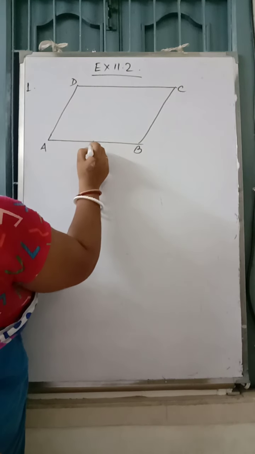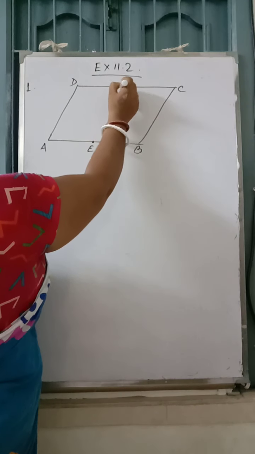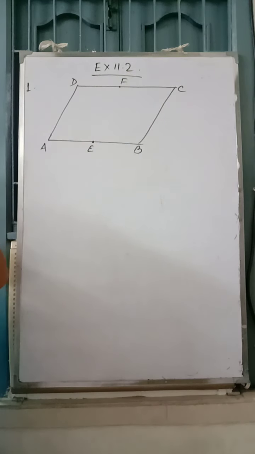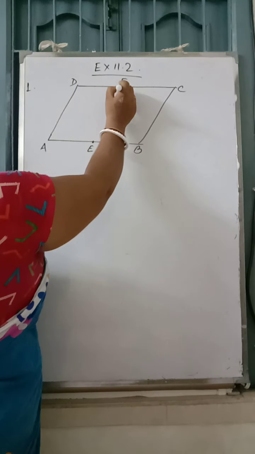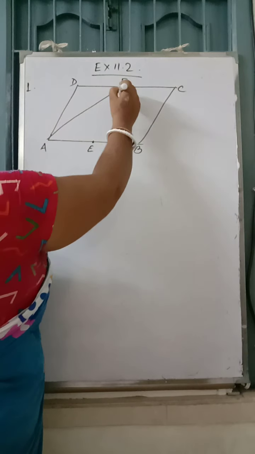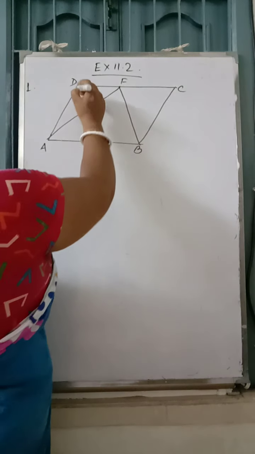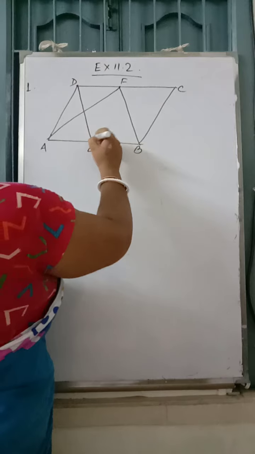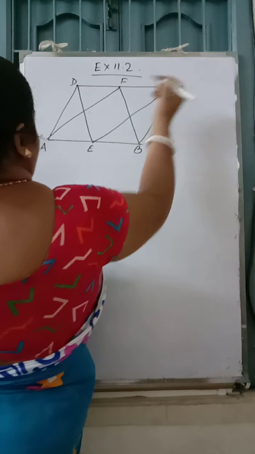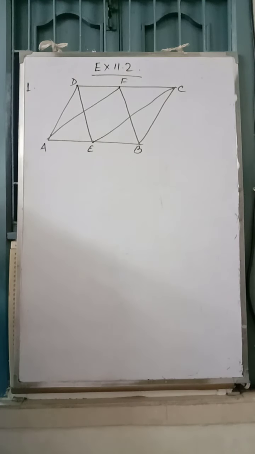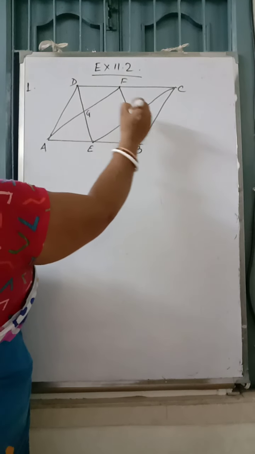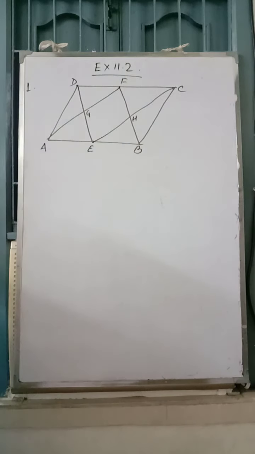So midpoint of AB is E and midpoint of CD is F. The line segments AF and BF meet the line segments DE and CE at G and H. So this is G and this is H.